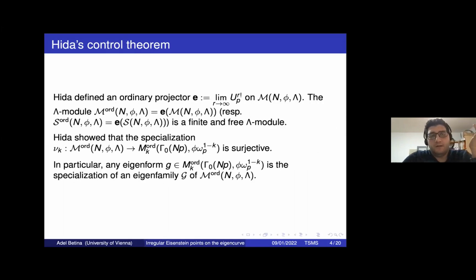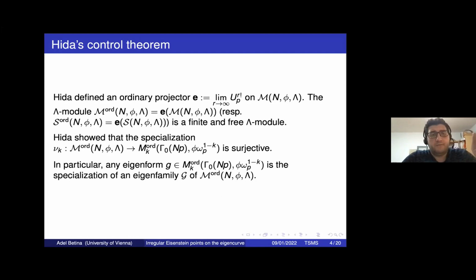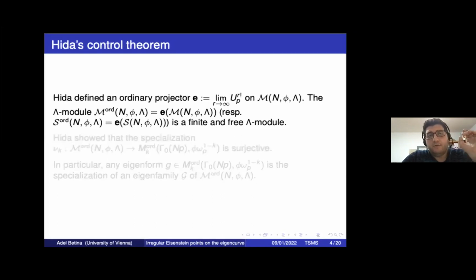Now Coleman wanted to remove this condition of being ordinary. He wanted just to deform modular forms such that a_p is non-zero. We call them finite slope. If a_p is non-zero, he wanted to study the deformations of modular forms. If a_p is equal to zero, it's quite hard. I mean, there is no theory. There is Coleman theory, but the difference is that you need to invert p.